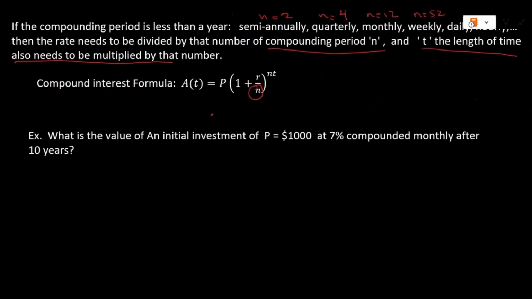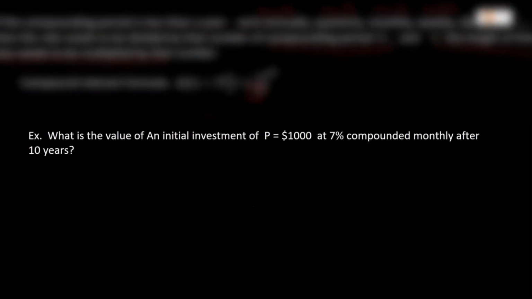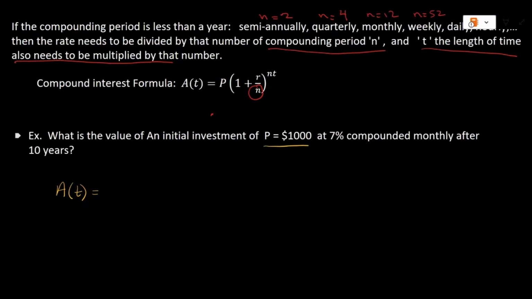So let's do an example here. What is the value of an initial investment of 1,000 at 7% compounded monthly after 10 years? So we have P, we have R equal to 0.07, n is monthly, which is 12, and t is 10 years. All right, we're going to plug numbers in.